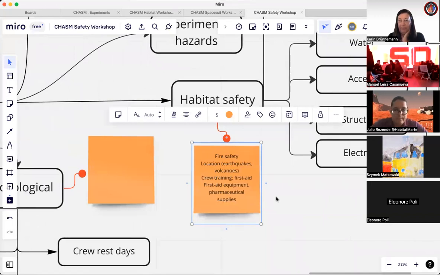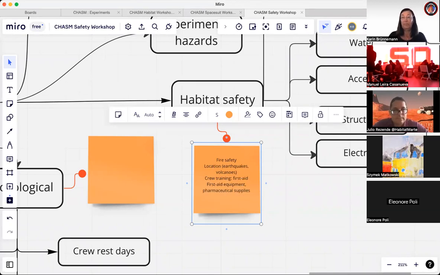Maybe it's connected a little bit to the risk assessment, but also the scenarios of the emergency for the habitat itself. So if you have a fire in one place, what do you do? If you have a fire in another place, what do you do? The to-do list. It should be adapted to the scenario.